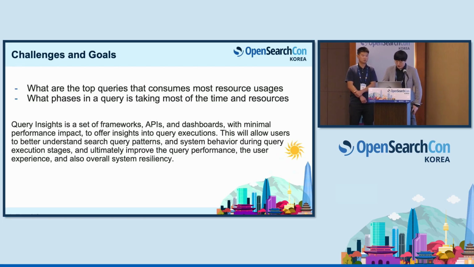The ultimate goal here is to transform how people manage search performance in OpenSearch. Instead of scrambling to fix problems after issues happen or after user complaints, you'll be able to spot issues before they even become problems: which queries to optimize, which users to talk to, and where to focus your optimization efforts.